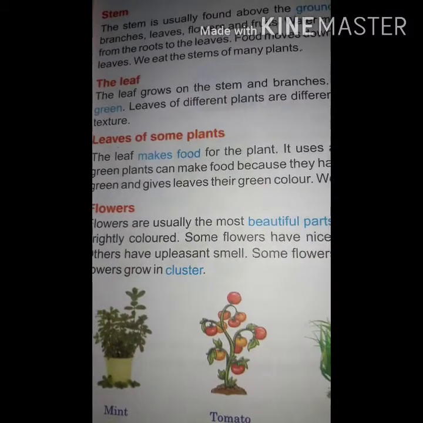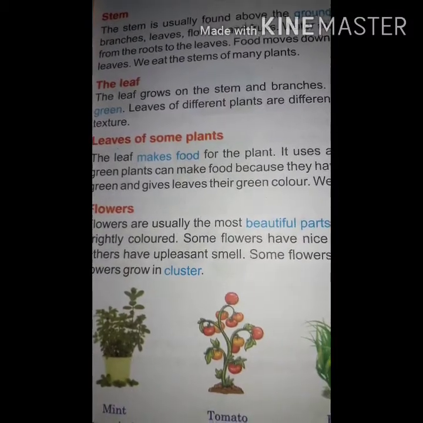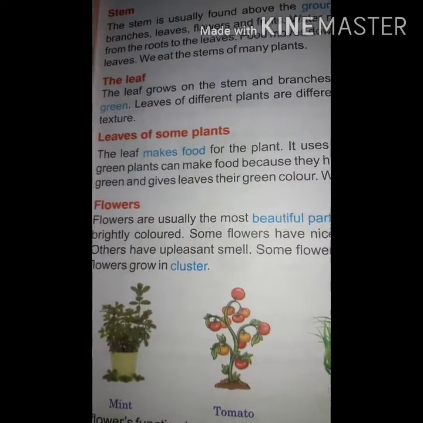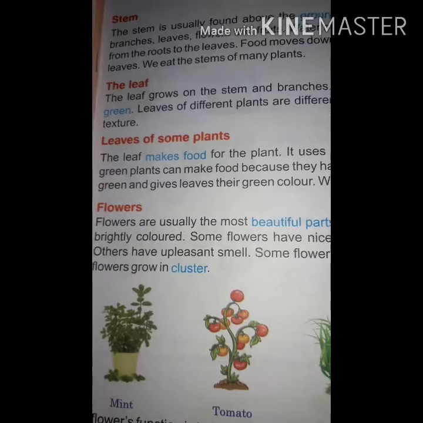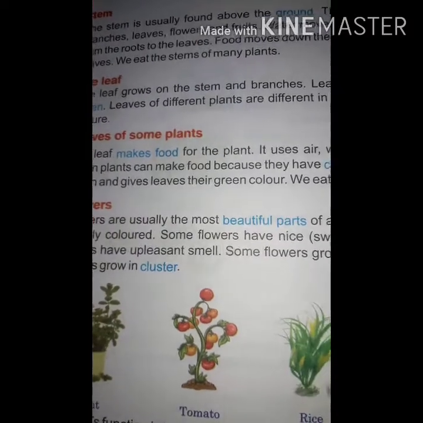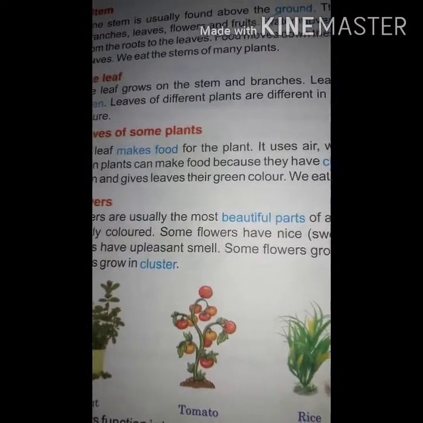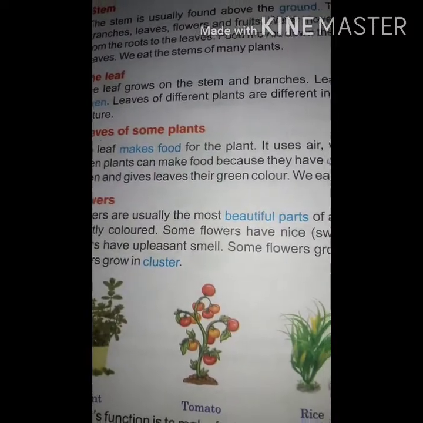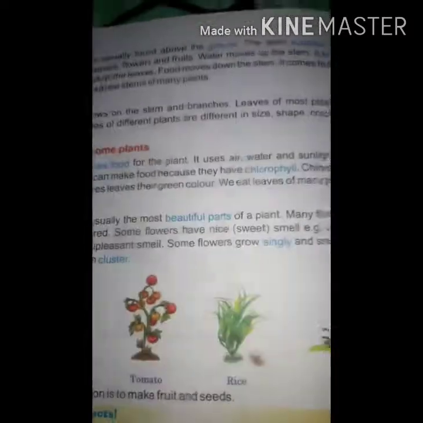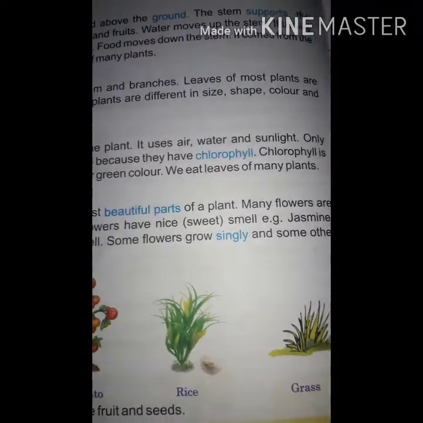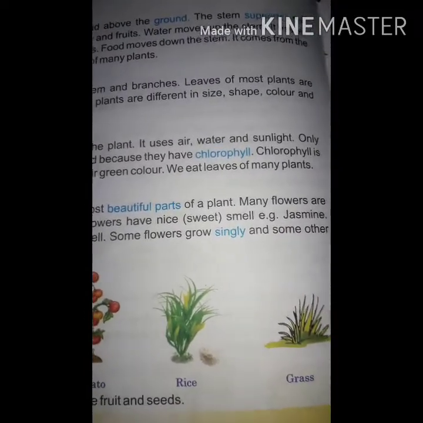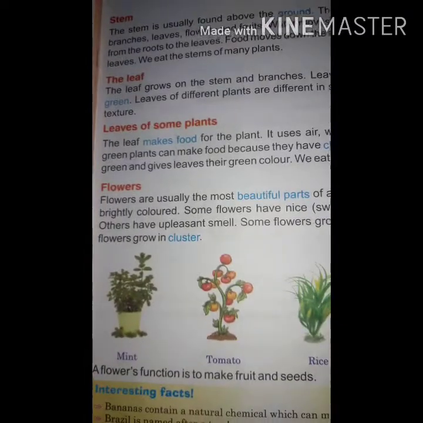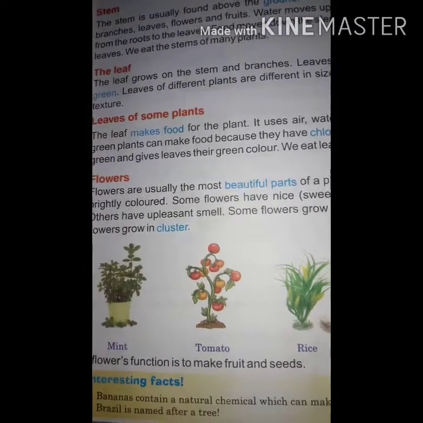The upper part after the root is the stem, which is above the ground level, and it supports branches, leaves, fruits, flowers, etc. Water moves up the stem. The water circulation is through the stem. It travels from the roots to the leaves.